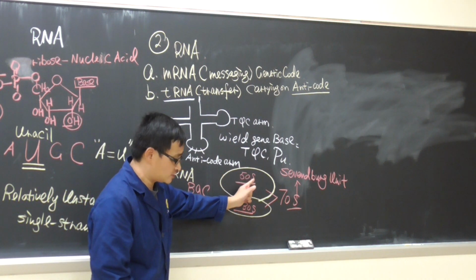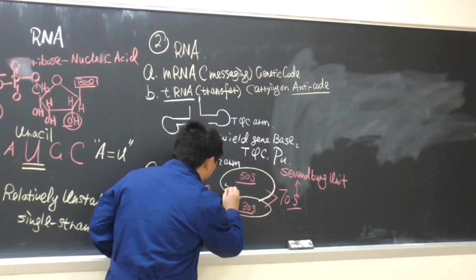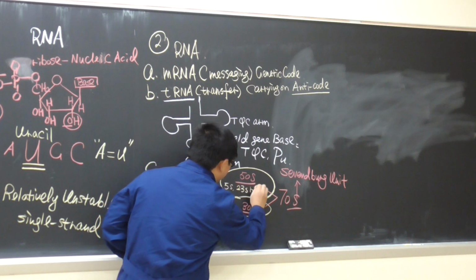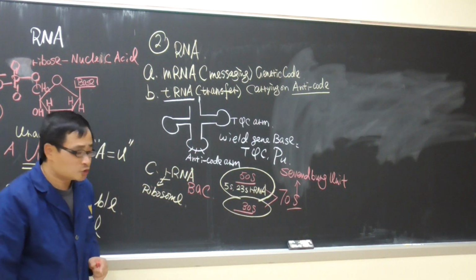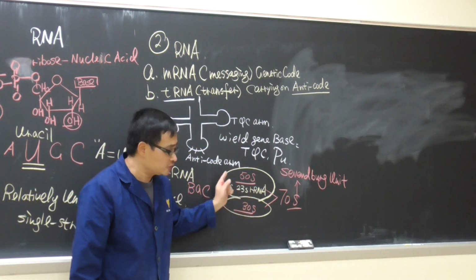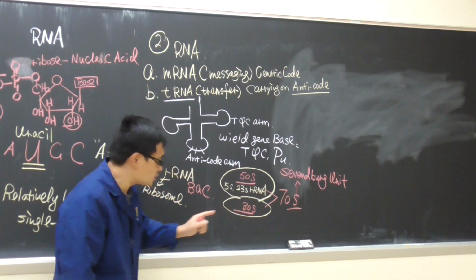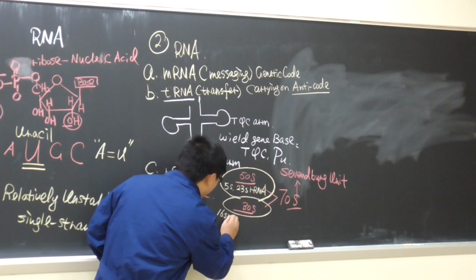Okay, what's the detail of that? In 50S, the large subunit, you have 5S and 23S, all rRNA. And these are responsible for transpeptidation during translation. How about the 30S subunit? We have 16S rRNA.